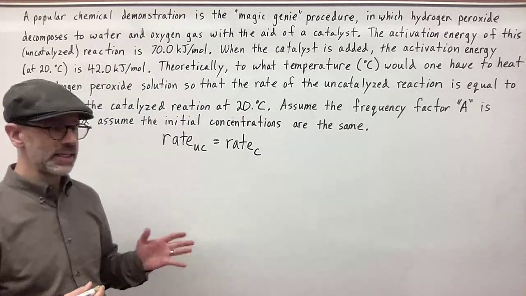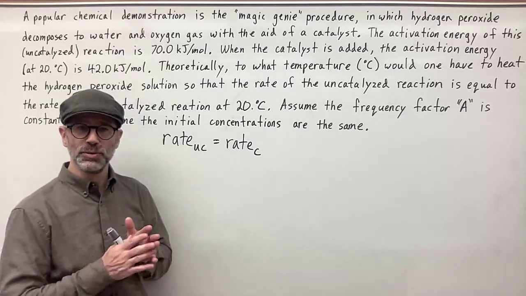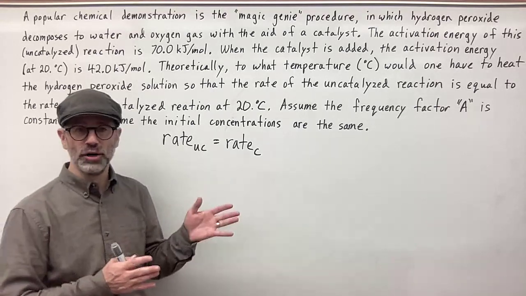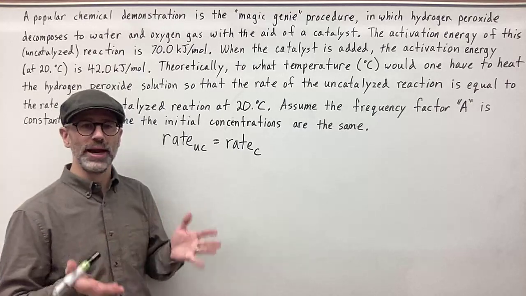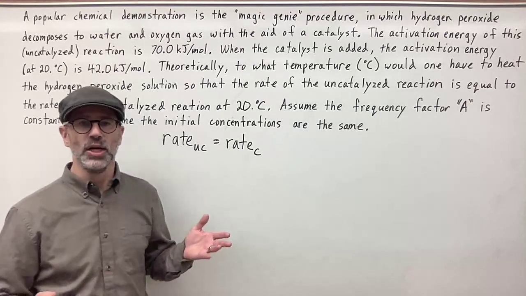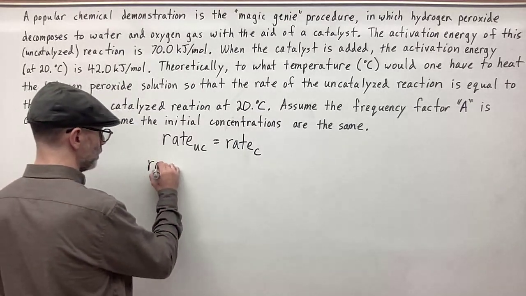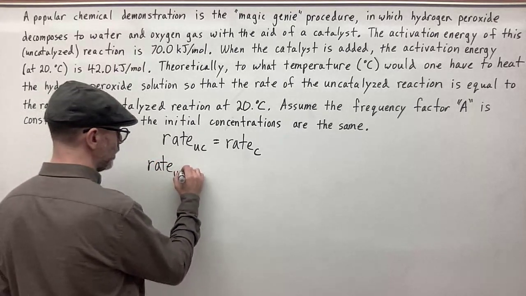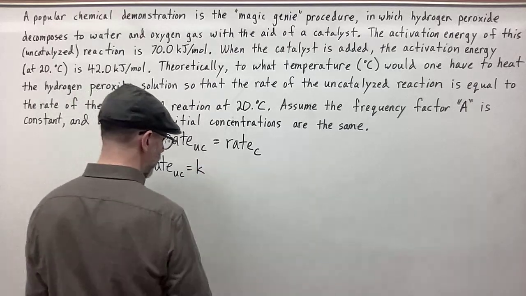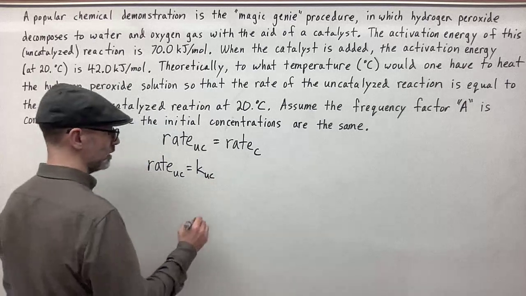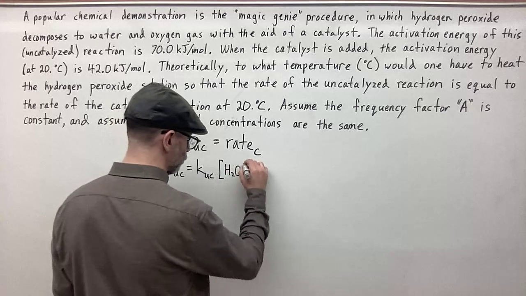And so if we write the rate law for this, we're looking at the breakdown of the hydrogen peroxide into water and oxygen gas. So this is a decomposition reaction, and the only reactant involved is hydrogen peroxide. So if we write the rate law, the rate of the uncatalyzed reaction is equal to the rate constant of the uncatalyzed multiplied by the concentration of H2O2.